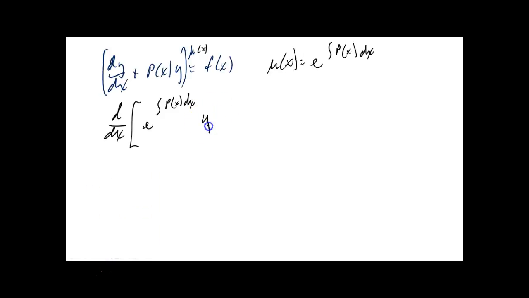This is equal to, and remember, we multiply this side by mu of x too. But that mu of x was this, so it's e to the integral p of x dx times f of x. That's a product.